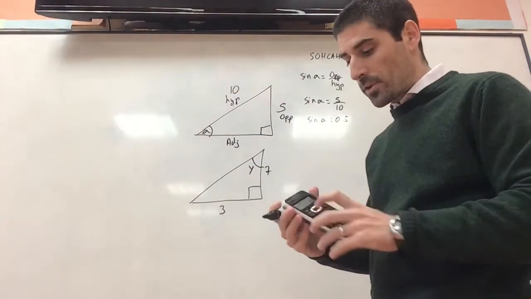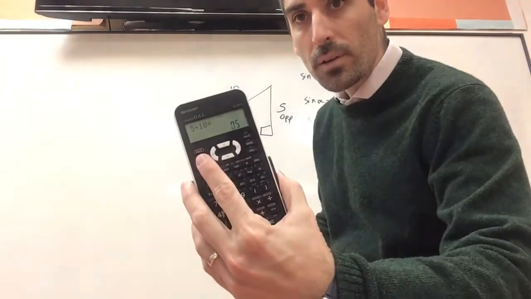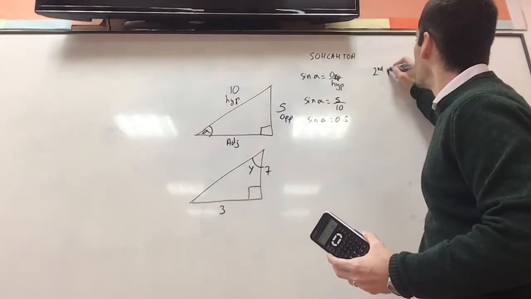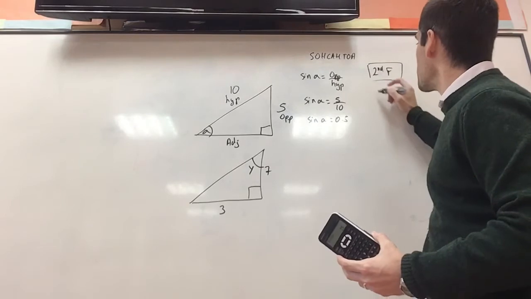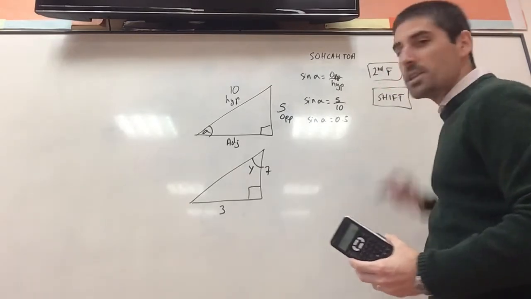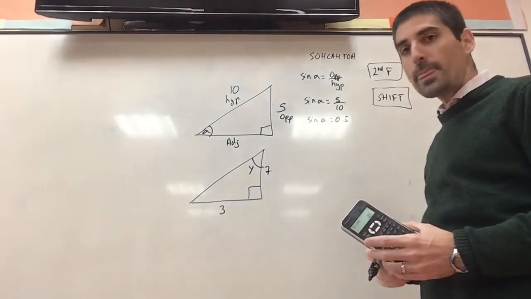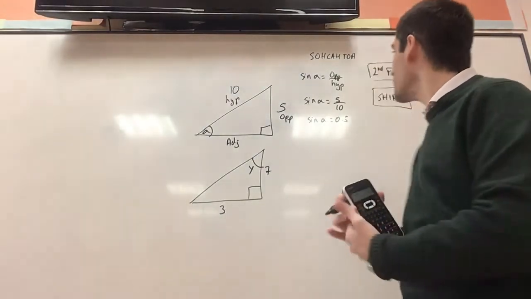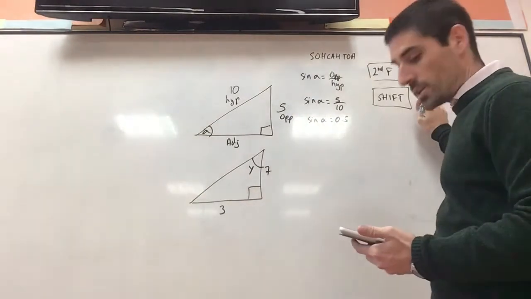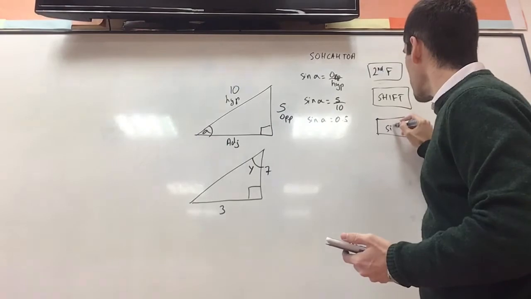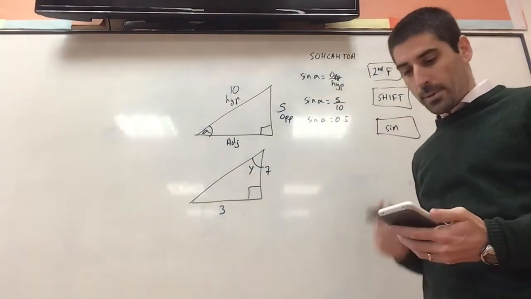In the top left corner, you have something called second function, or sometimes, instead of second function, the button is the shift button. So with the 0.5 number on the screen, I will do second function, or shift, then I will press the sine button because I found the sin.